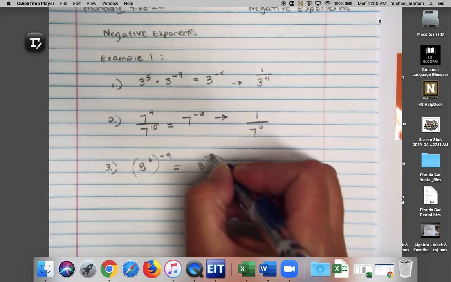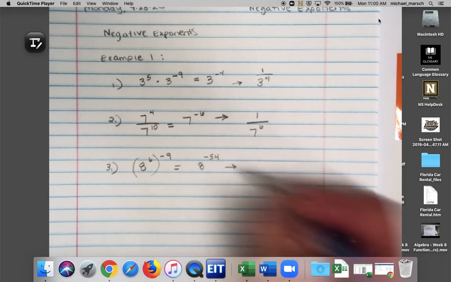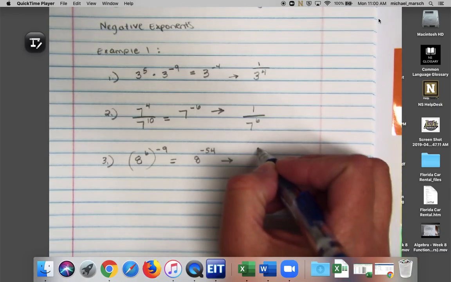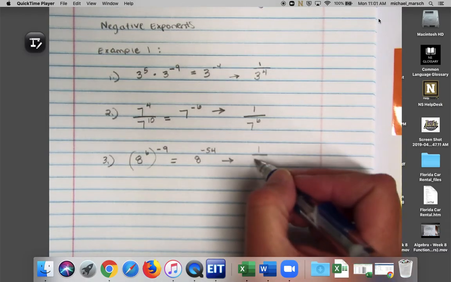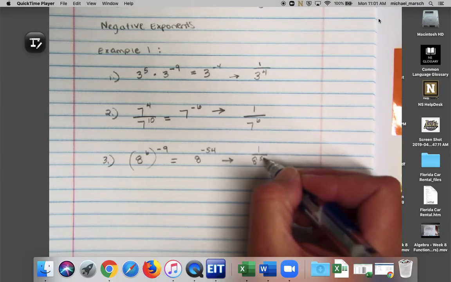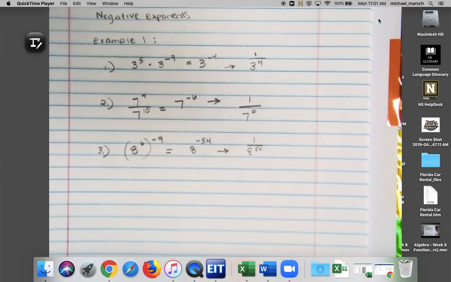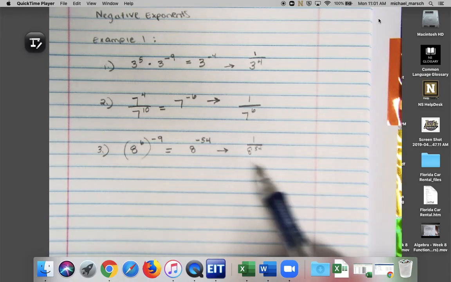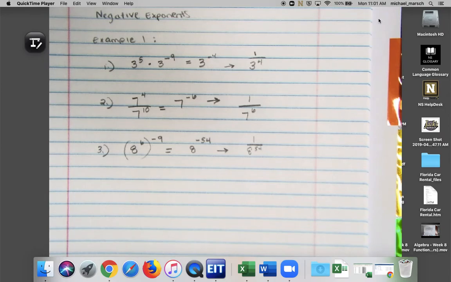Yeah, so I get 8 to the negative 54, but I can't leave it like that. I have to fix it. So Kyson, what will my final answer be? 1 over 8 to the 54, right? It's an extremely tiny number, like super small, right? 1 divided by that big number is going to be the smallest, right? Good thing I'm never going to ask you guys to actually tell me what that's worth. That'd be a lot.